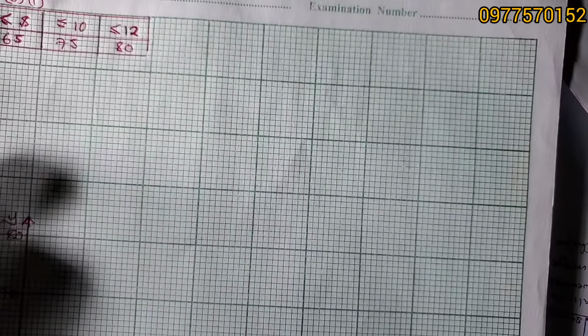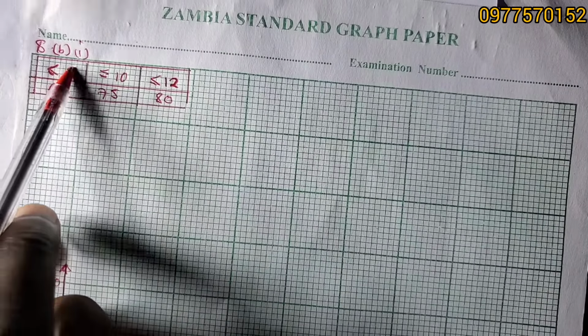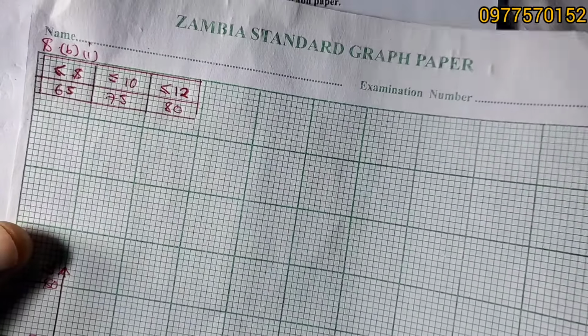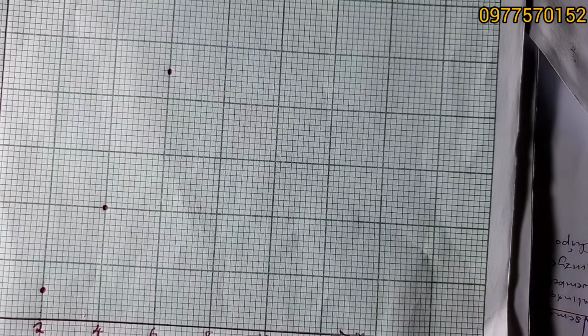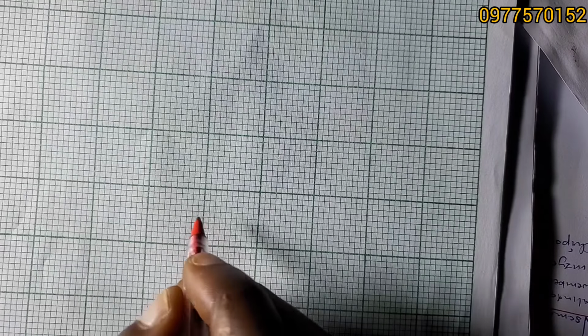So 40, 41, 42, 43, 44, 45. This is where 45 is. Next is 8, 65. This is our 8, 65. 60 is here. 60, 61, 62, 63, 64, 65. So this is where 65 is.